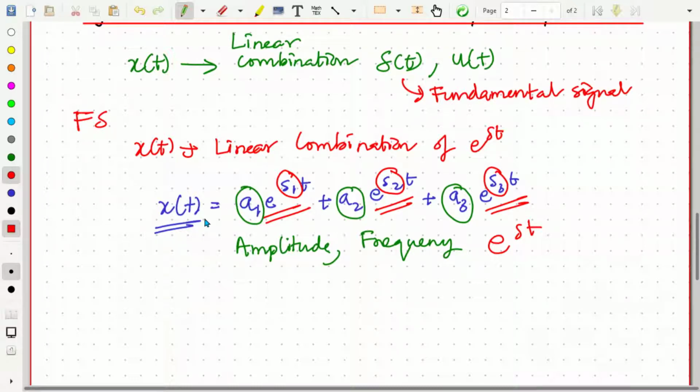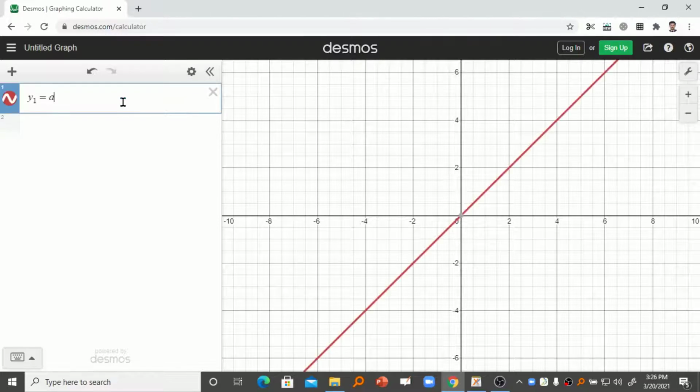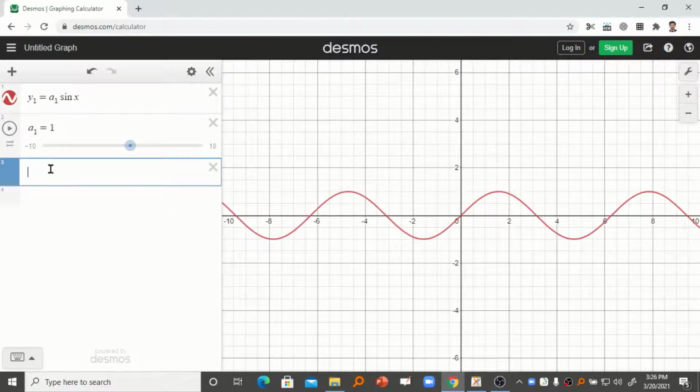I can give you an example in Desmos. So let us go to Desmos. This is the Desmos environment. I am trying to create some signal. For example, y1 is equal to a1 sin x, right? And then another signal y2 is equal to a2 sin 2x, right?